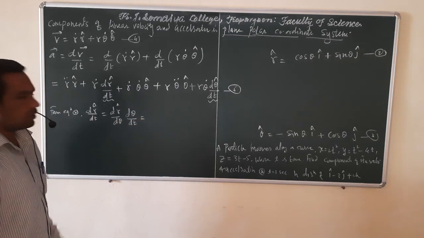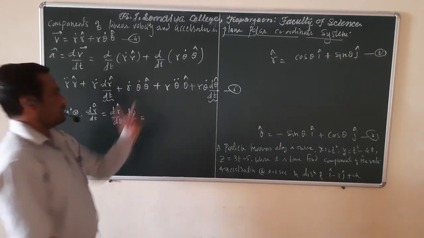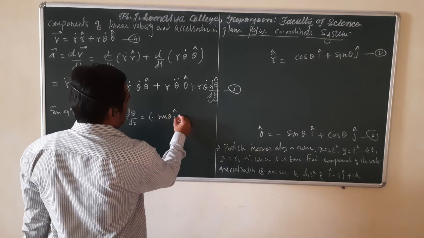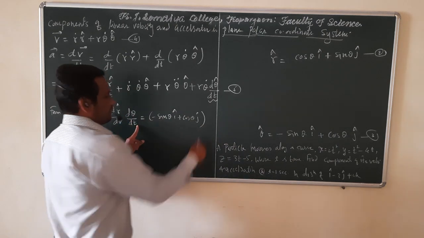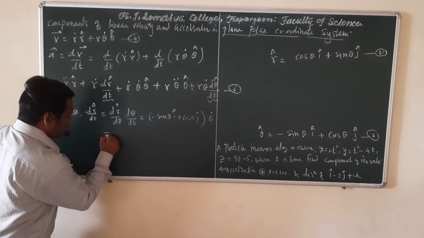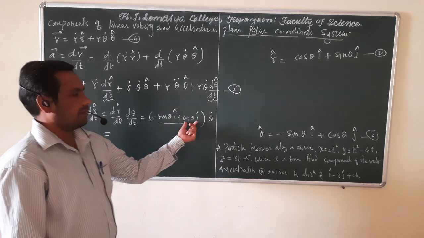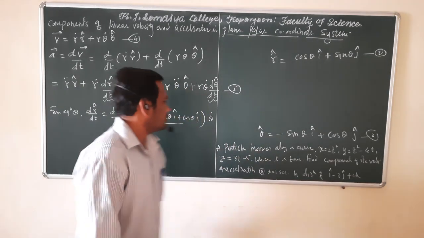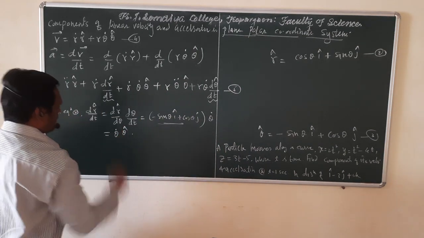So if you take the derivative of r cap with respect to theta, that will become minus sine theta i cap plus cos theta j cap, and the derivative of theta with respect to time is nothing but theta dot. Now this term, minus sine theta i cap plus cos theta j cap, is nothing but theta cap. So here we can write this as theta dot multiplied by theta cap.